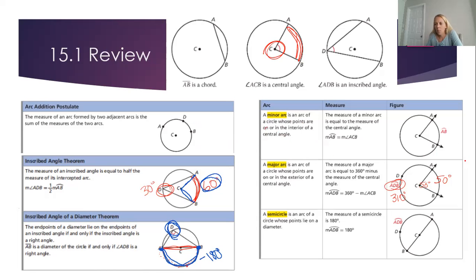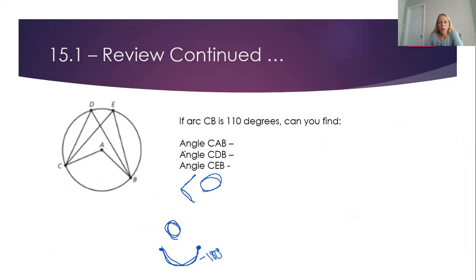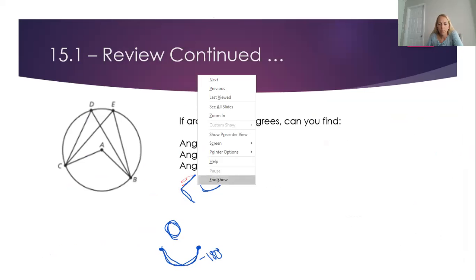Let me show you one more slide here. Just as a little review, let me erase this for us.